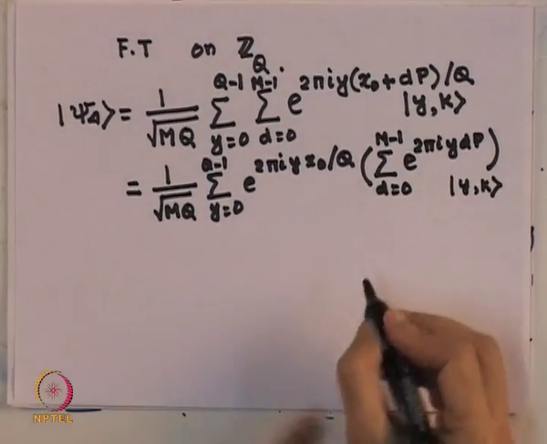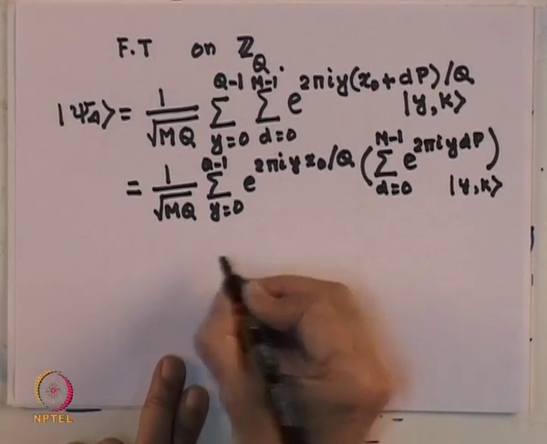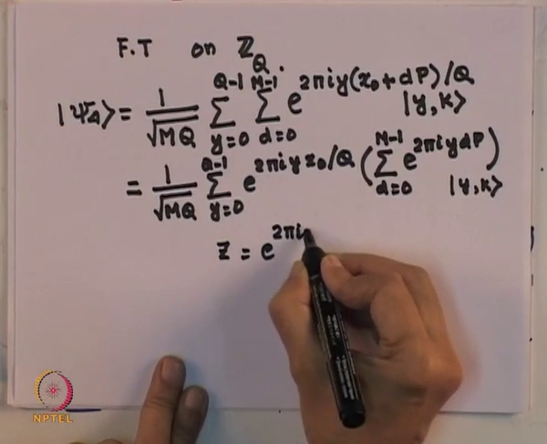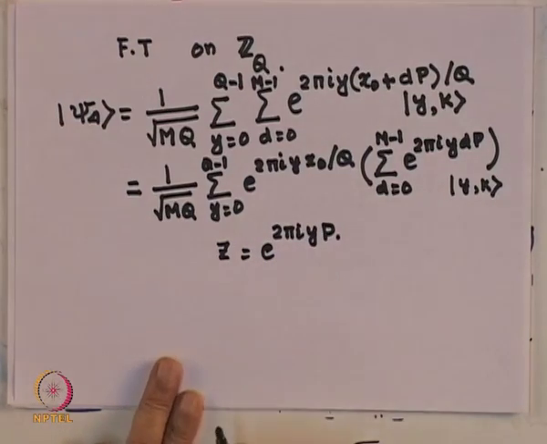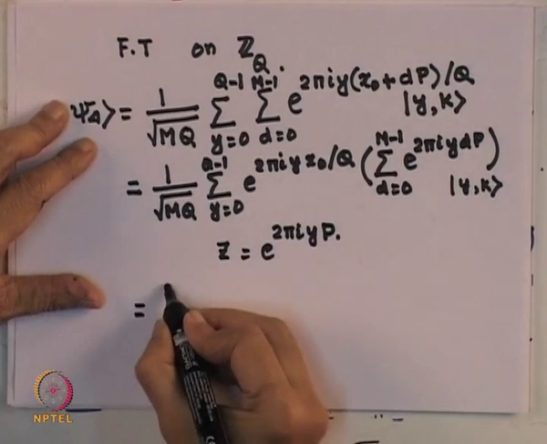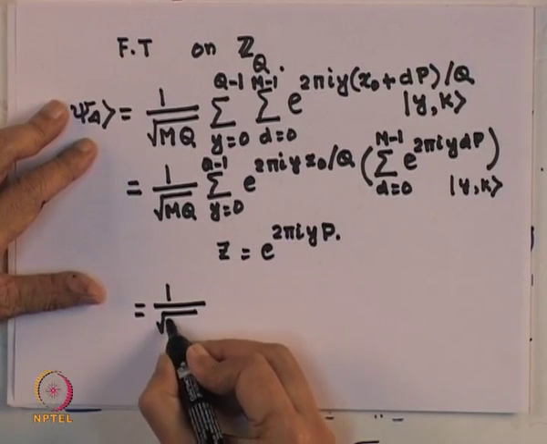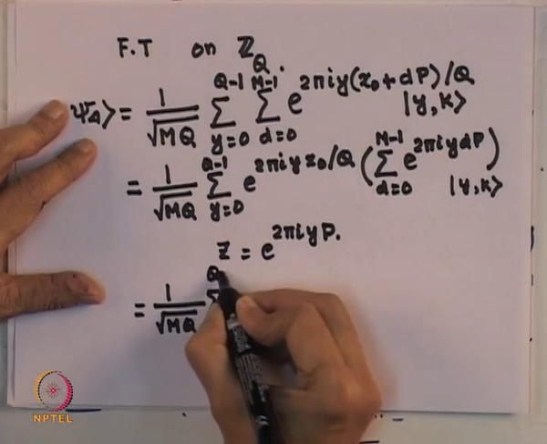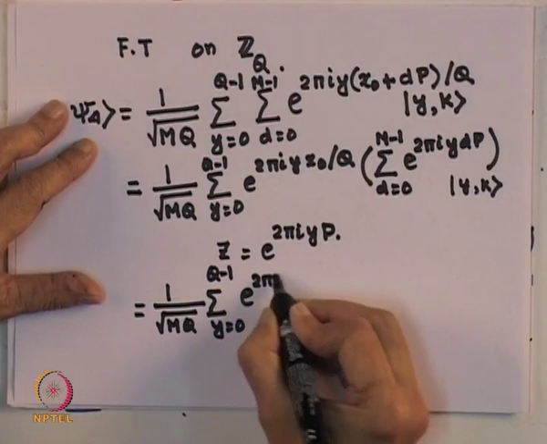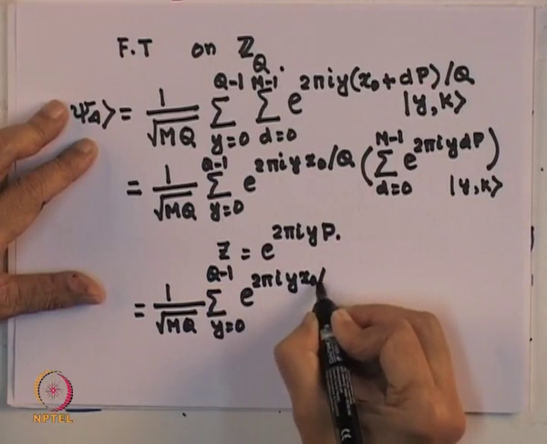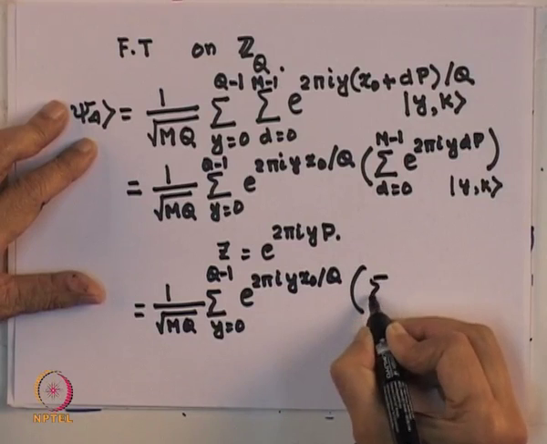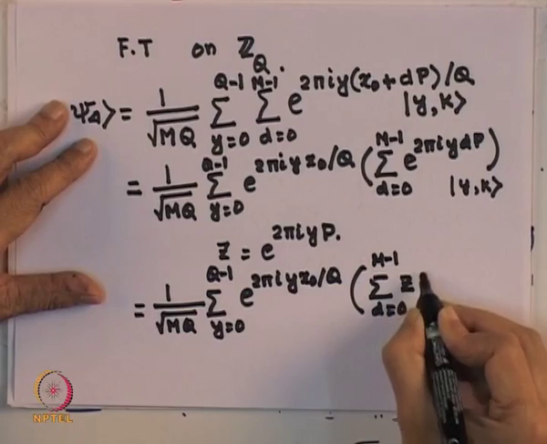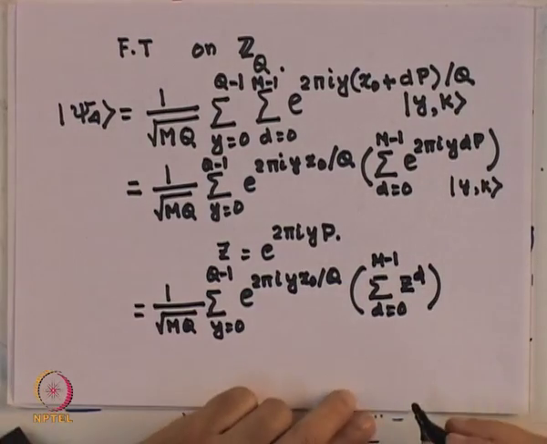Let me define a quantity z equal to e to the power 2 pi i y p by q, so that this is now written as 1 over square root of mq, sum over y, e to the power 2 pi i y x0 by q, and this is sum over d equal to 0 to m minus 1 of z to the power d, where z has just been defined like this.